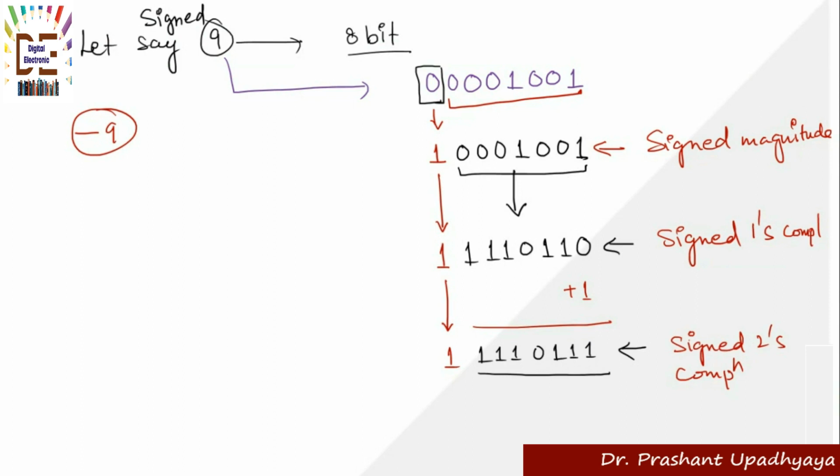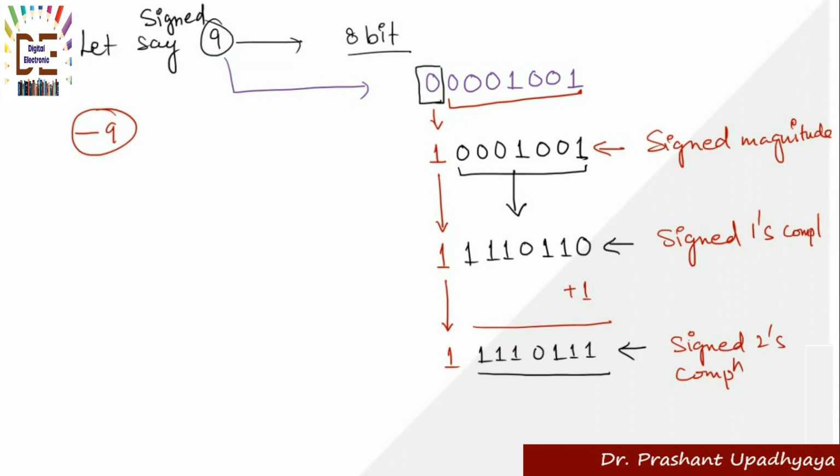We have got only one way of representing plus 9. However, we have got three ways to represent minus 9. Whether it is sign magnitude, signed 1's complement or signed 2's complement, a positive number like plus 9 represents the same number.